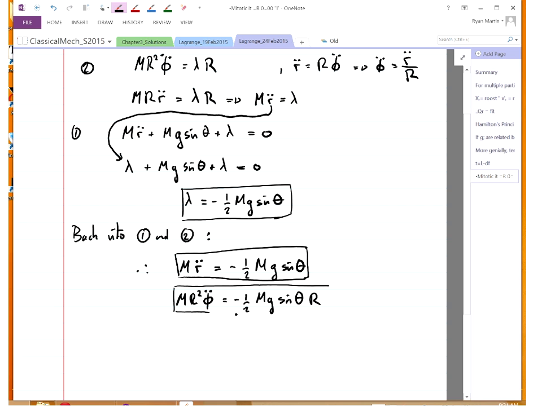So that's our two equations of motion for r double dot and phi double dot.